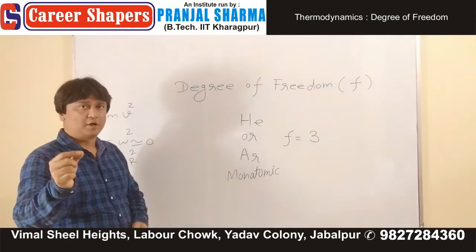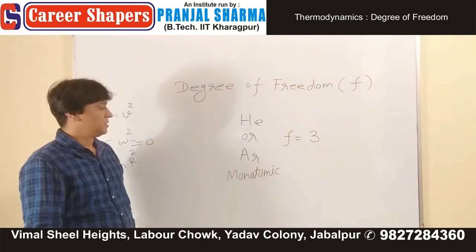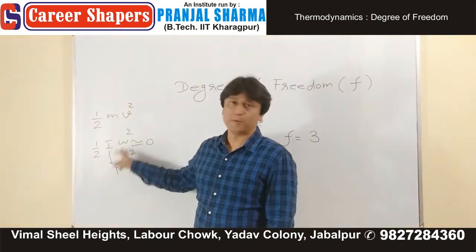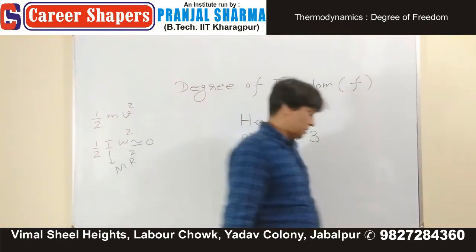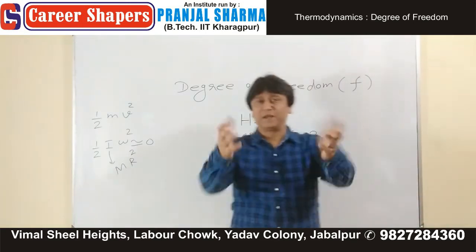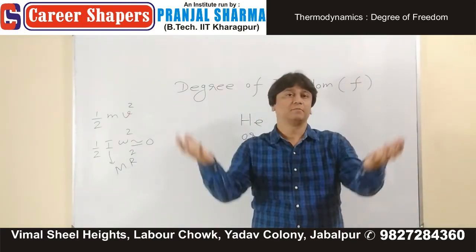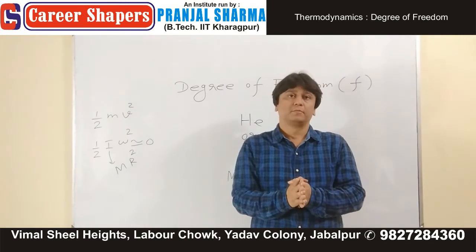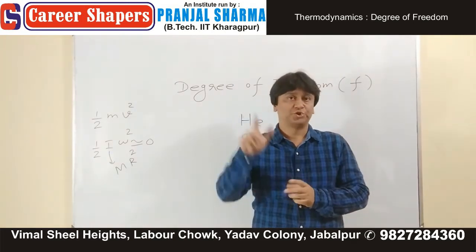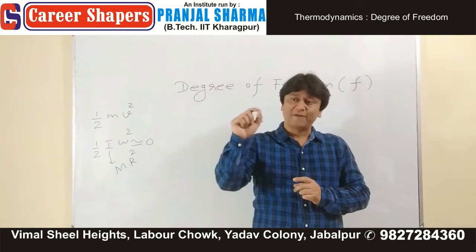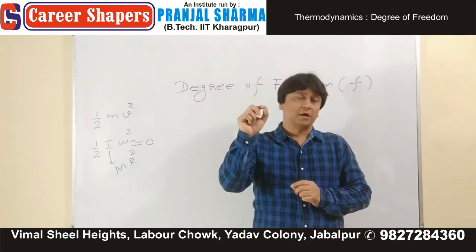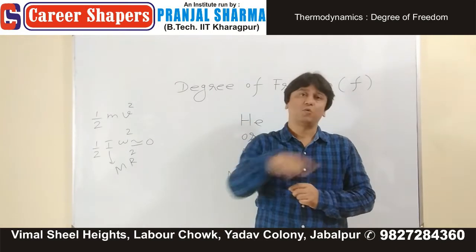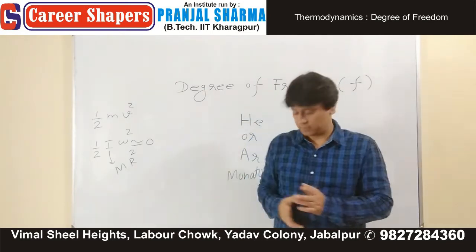When you say point, you can understand better this half I omega square. Now, let me explain this thing again. You have an atom of hydrogen, suppose, not H2, H. Now, that atom is a nucleus surrounded by an electron cloud.